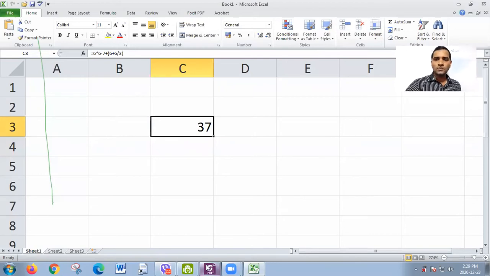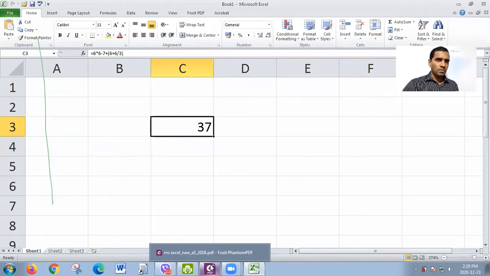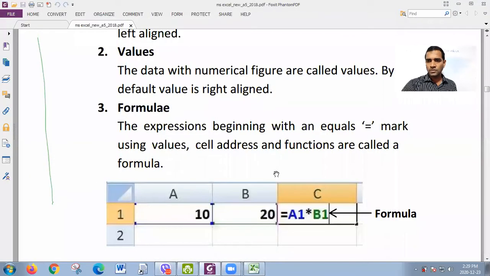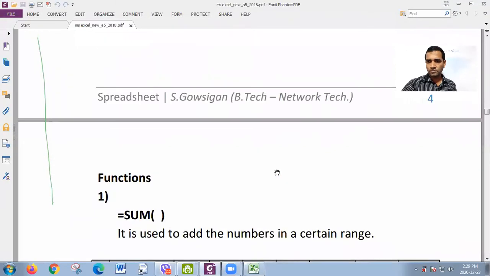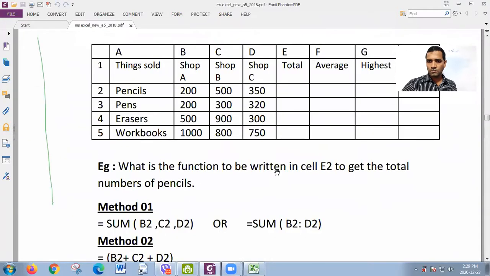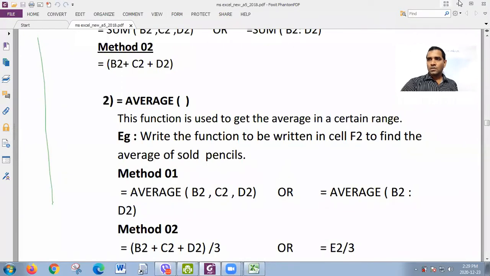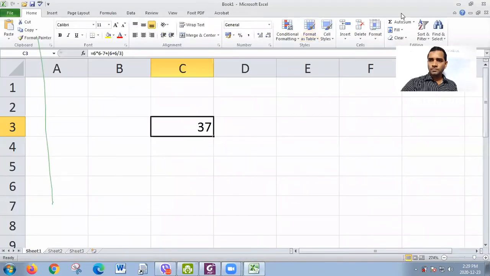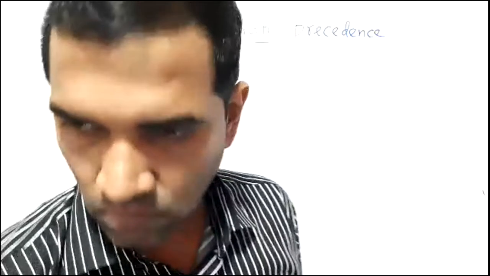So let's try these things. I will give some time for practice. Let's take a pen and get the answer. Then I will ask some people, right? So let's take these things. Right, look. I will ask, right? So wait for my instructions.